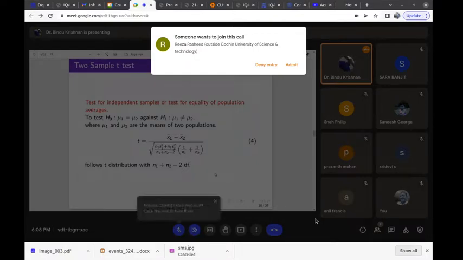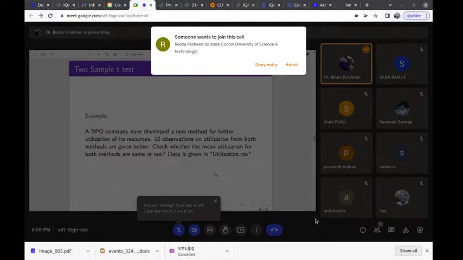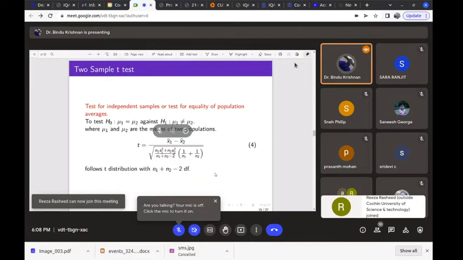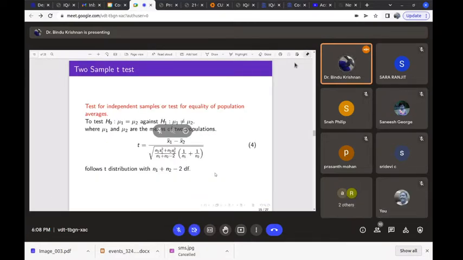So, yeah, let me take one example. So the procedure remains same in all tests. Whatever be the test which we are going to study, the procedure is same. That is, we start with null hypothesis and alternative. Set up the null and alternative hypothesis, choose the appropriate test and corresponding test statistic or test criteria.